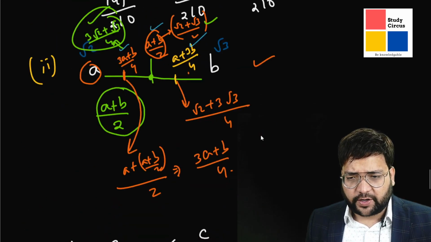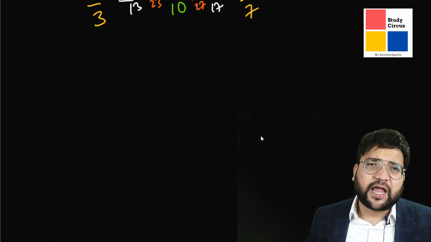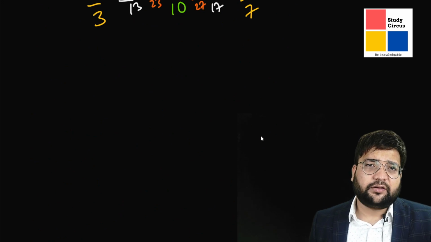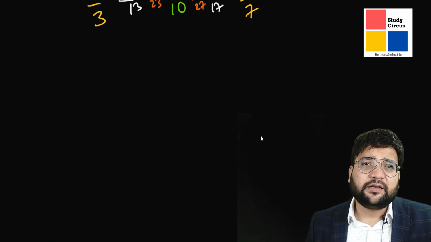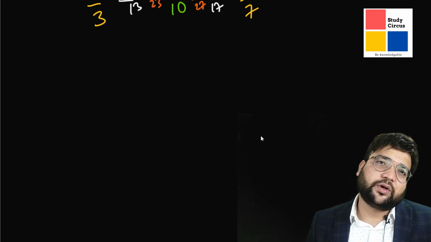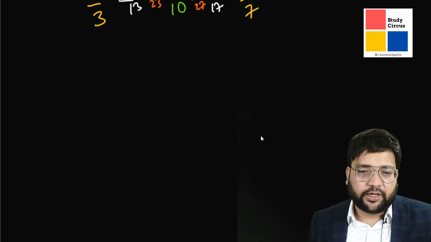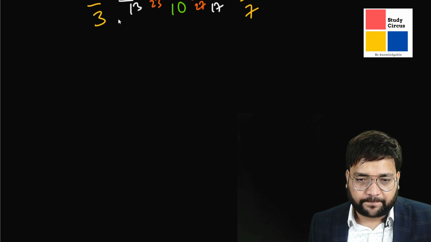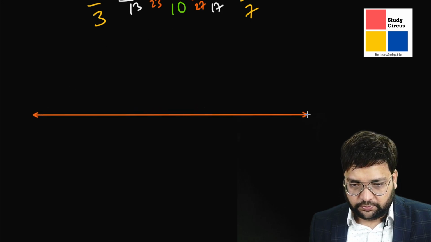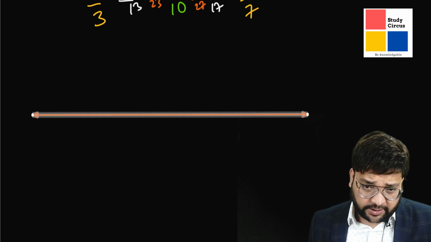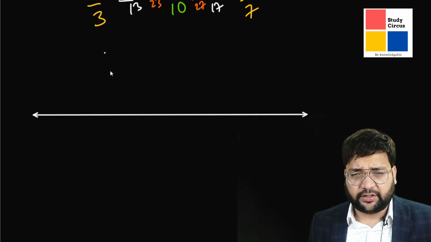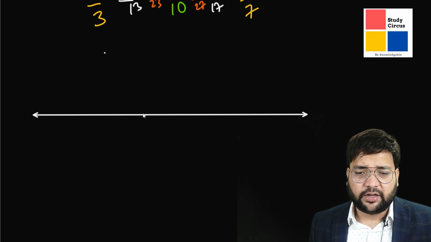Now I have said that the real number line has rational numbers as well as irrational numbers on it, right? If this is the real number line, it will have real rational numbers, irrational numbers as well.